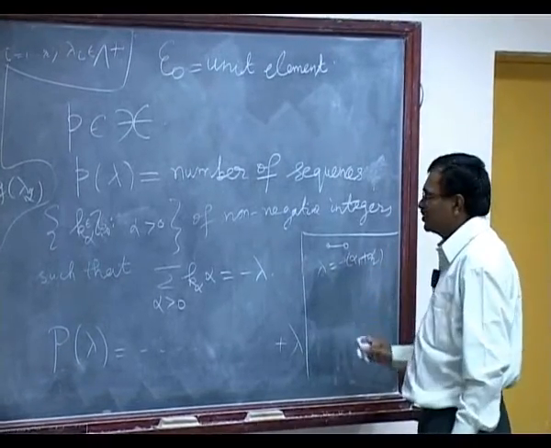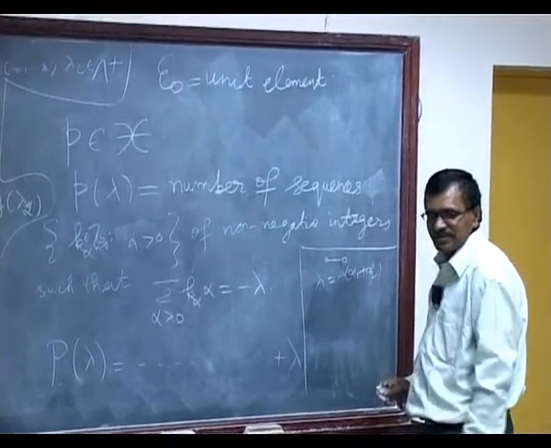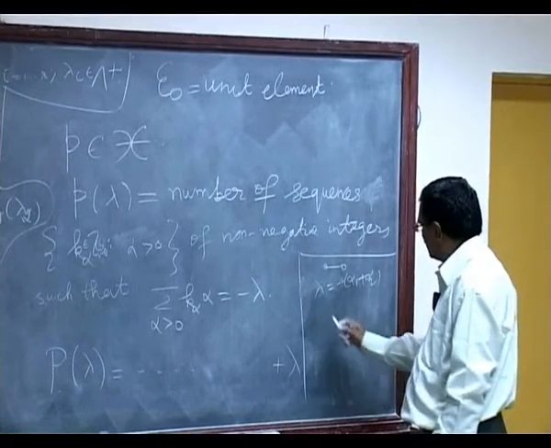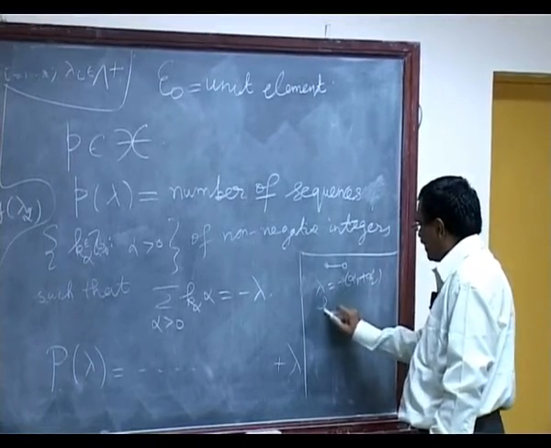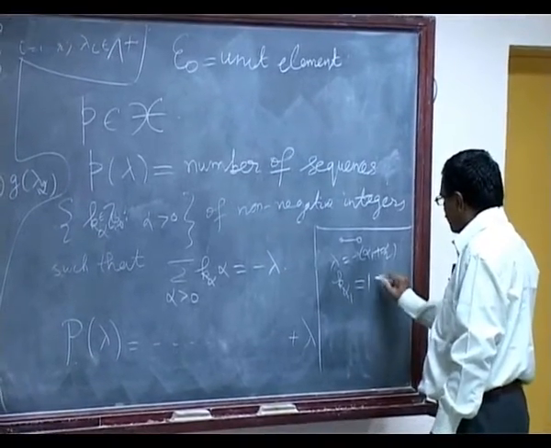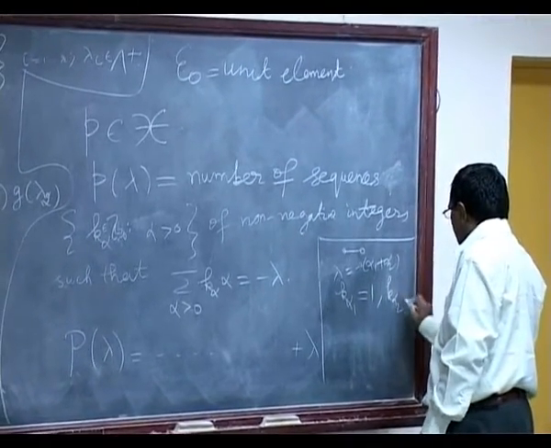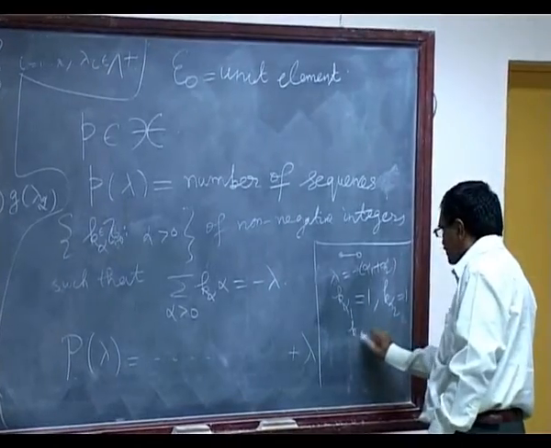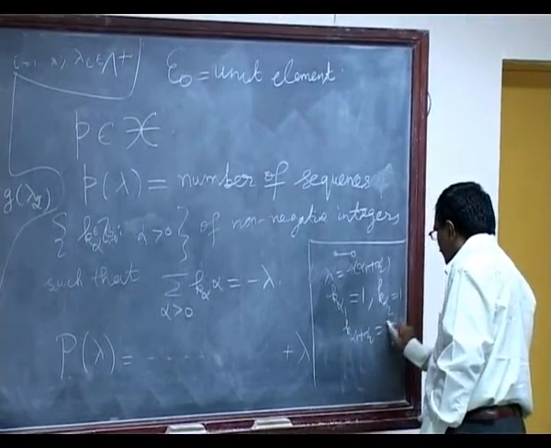This has two sets like this. Take k alpha 1 to be 1, k alpha 2 to be 1, and k alpha 1 plus alpha 2 to be 0.